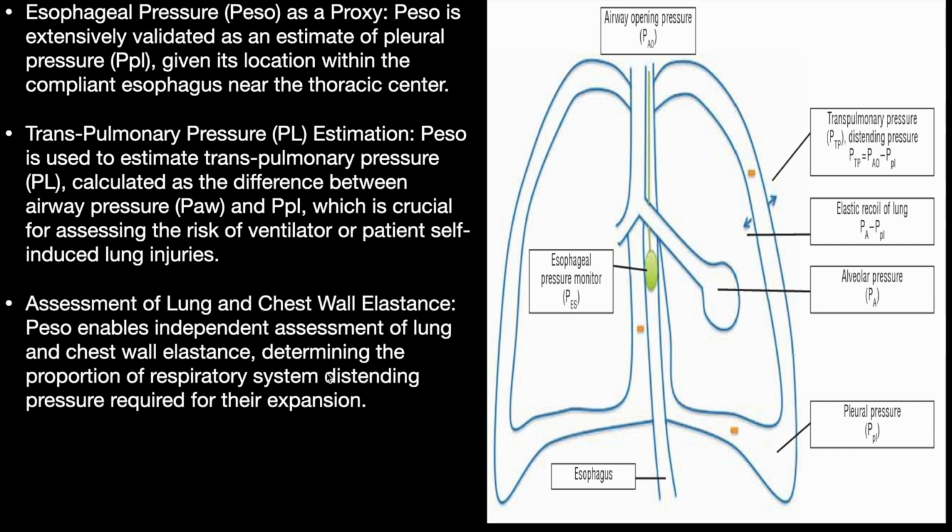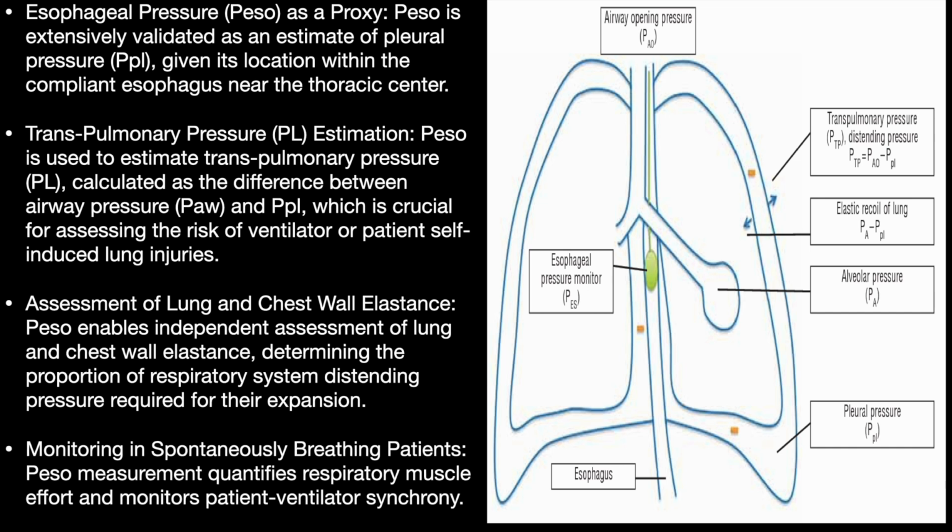Now it helps us in assessing the compliance of the lungs and the chest wall, because now we can know the pleural pressure, we can understand what is the elastic recoil of the lung, and from that we can calculate what is the elastic recoil of the chest wall.